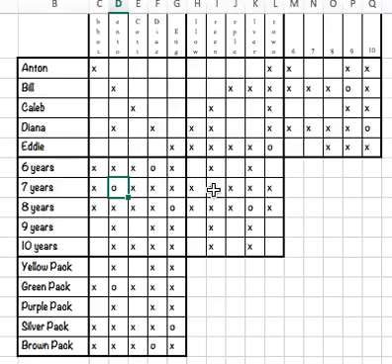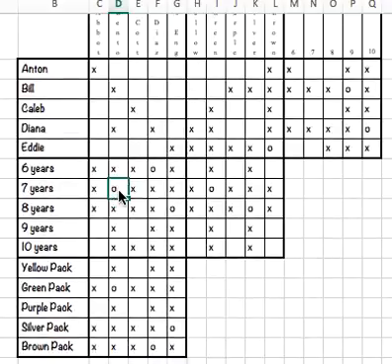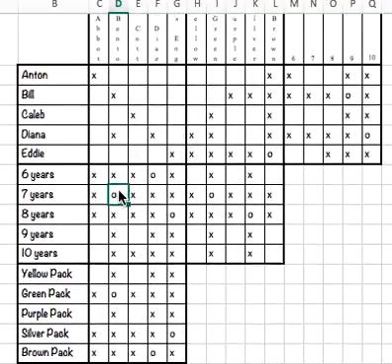And we look at it this way and we say, yes, we know that already. But then we say, okay, but what else do we know in the green column? We know that the green column can't be Eddie, Diana, and Caleb. So that means since this 7-year-old is in Mr. Bento's class, that can't be Eddie, Diana, and Caleb. But we already knew it couldn't be Bill. So then that means the 7-year-old has to be Anton. That's the only space left.